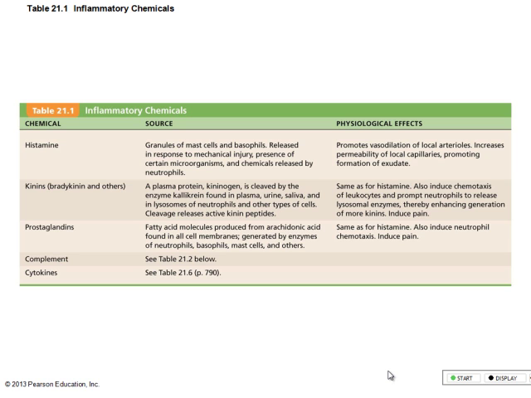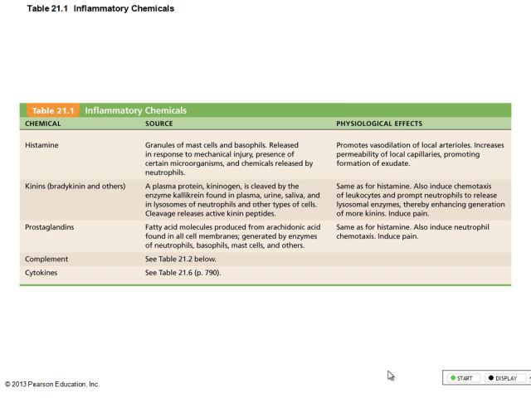You'll help yourself. Second line of defense, cellular. So phagocytes, those natural killer cells, that inflammatory response we talked about, and certain chemicals that our cells give off. We're going to talk in a moment about one called interferon, and this is going to help protect us from viral infection of cells.